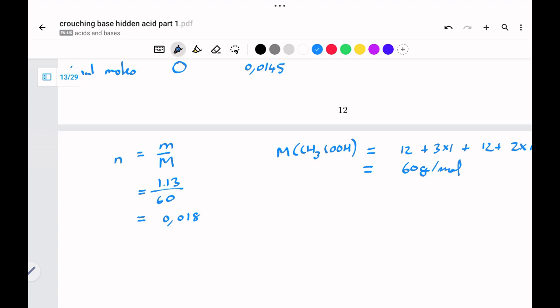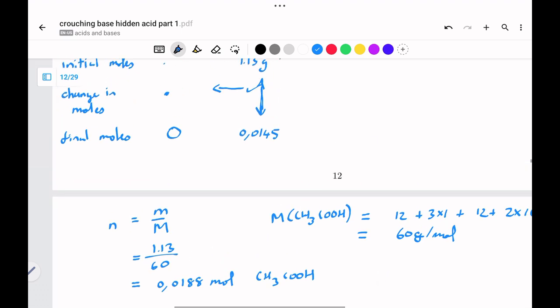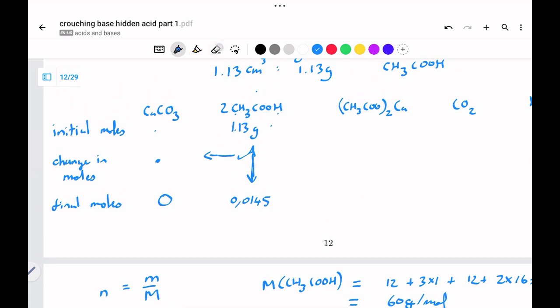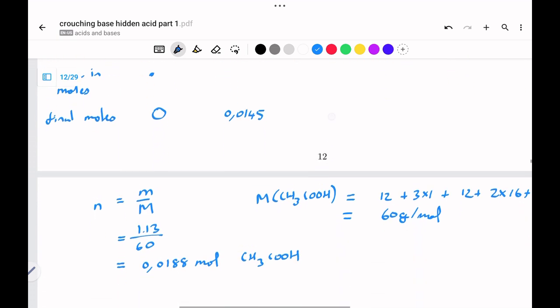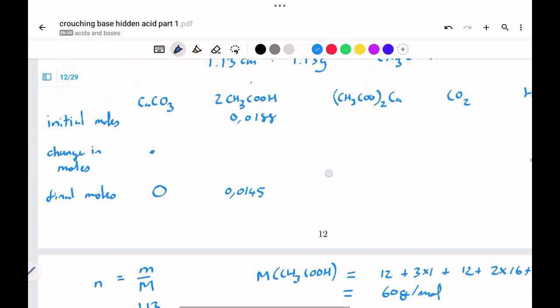It's 8. And this is what we can fill in over here. 0.188. And then we're going to calculate the difference.